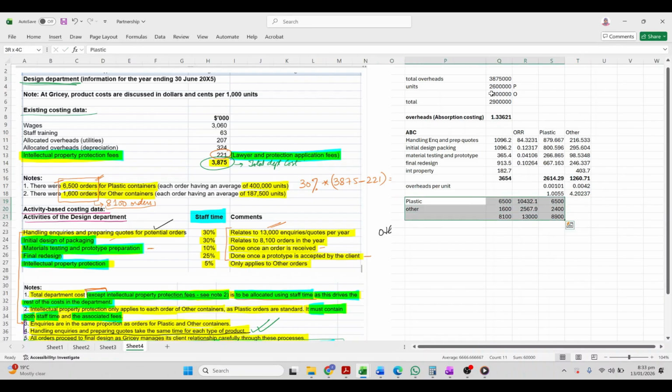Right. So this means that other cost is going to be around 4.2, but plastic cost is going to be 1.4. This is actually representing the amount of difference in terms of cost if we compare absorption costing with ABC.